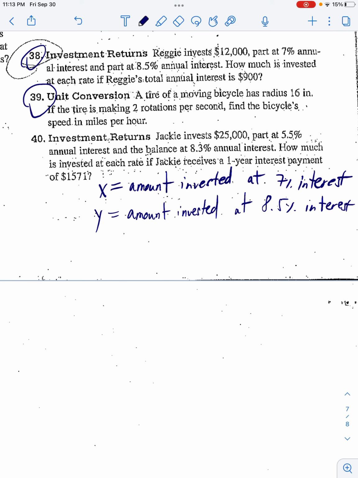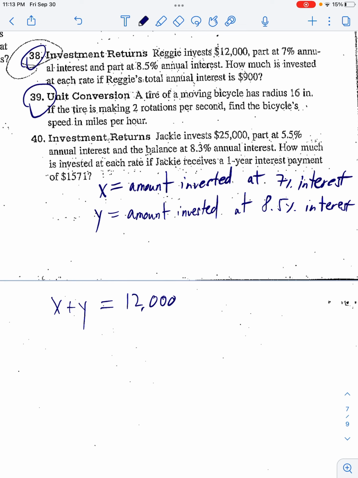First off, he starts with $12,000 total. So the amount he puts in the 7% interest account plus the amount he puts in the 8.5% interest account has to add up to $12,000, because that's the total money he's investing.